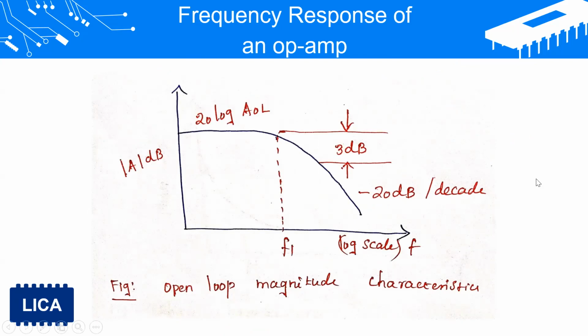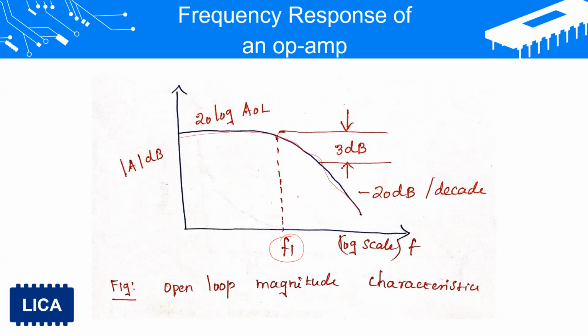The y-axis denotes gain and the x-axis is the frequency range. At a particular corner frequency f1, the gain will get rolled off. Before that, the gain will maintain the same gain, but after the corner frequency it will roll off through the 3 dB line and then degrade.